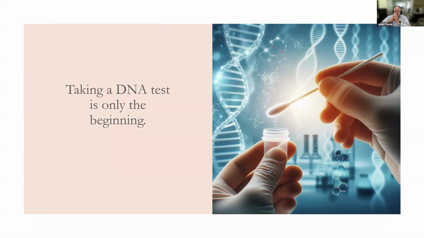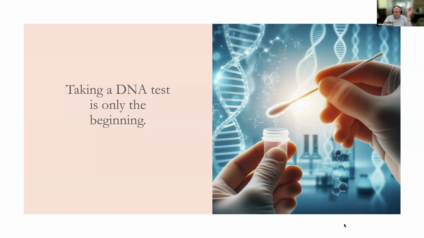And I can't emphasize enough that taking a DNA test is only the beginning. That's only the bare possibility. When you get a DNA test from MyHeritage, what you basically are going to do is find a lot of matches.